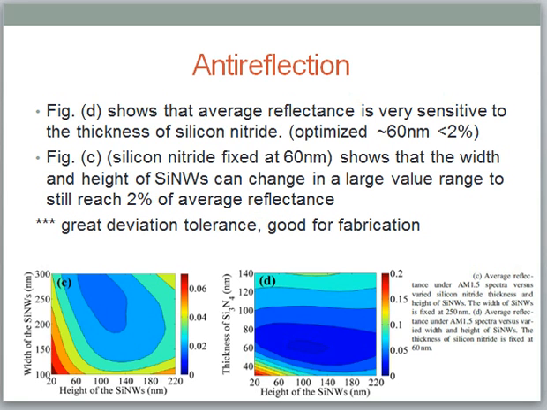From graph D, one can tell that the average reflectance is very sensitive to the thickness of silicon nitride. And graph C is the width of the silicon nanowire array versus the height of the silicon nanowire array.